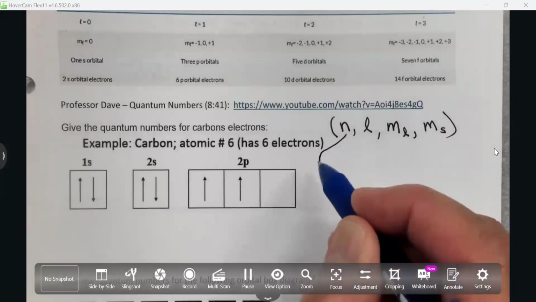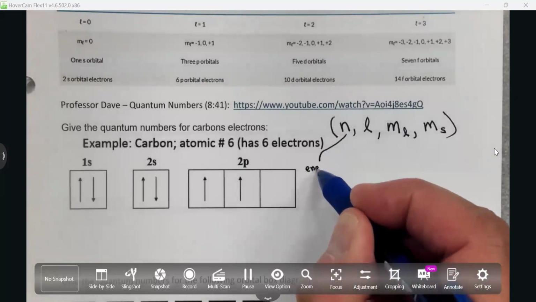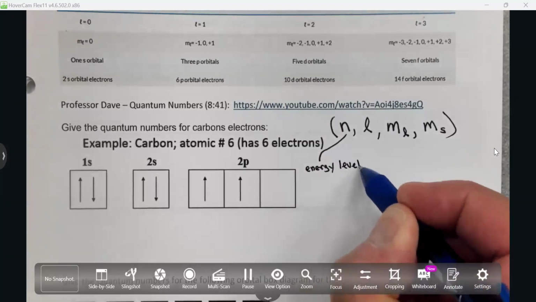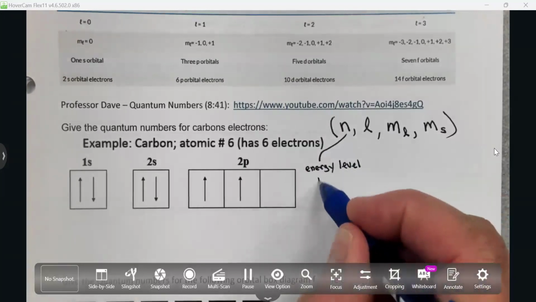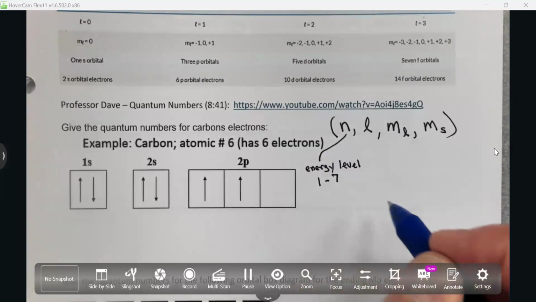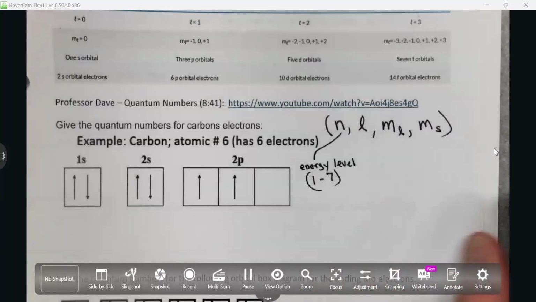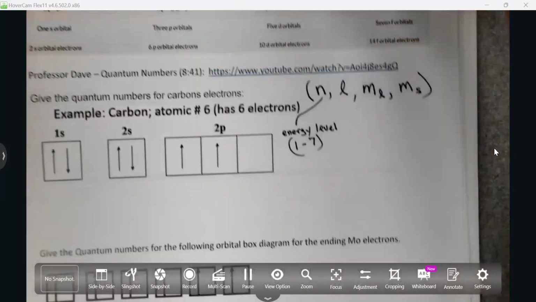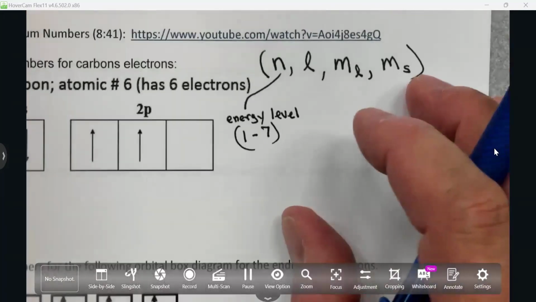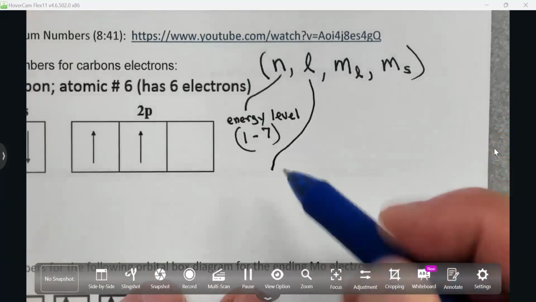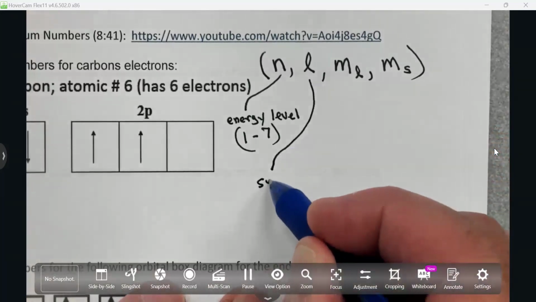My first number is what energy level it is in, and that would be 1 through 7. My next number tells me the sublevel.